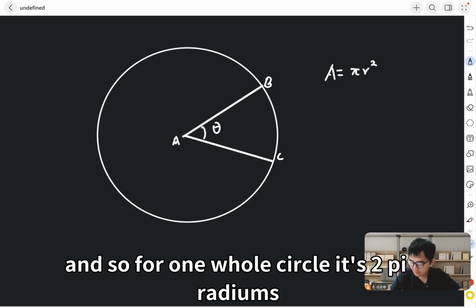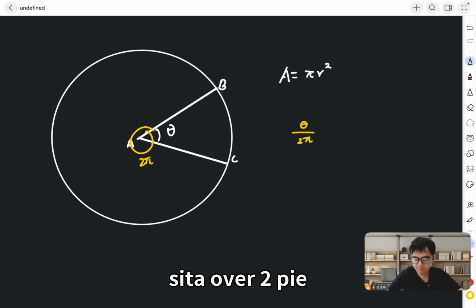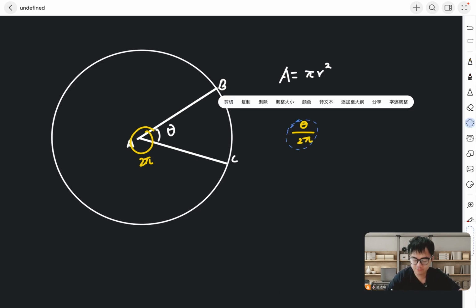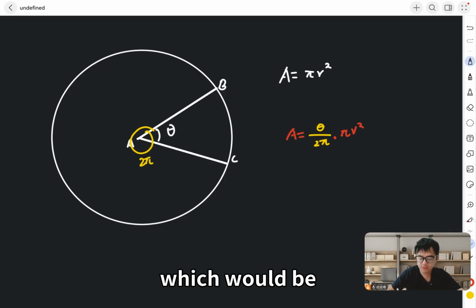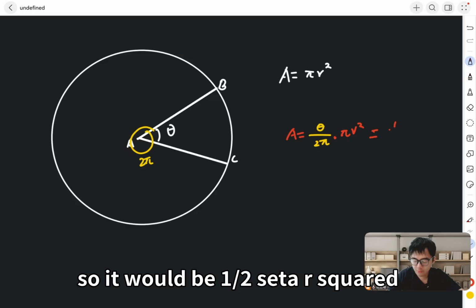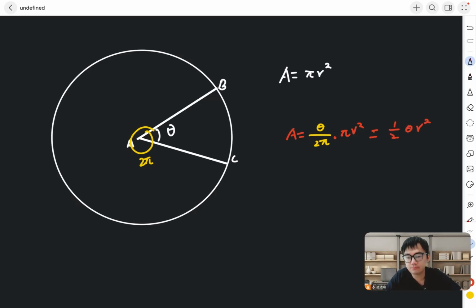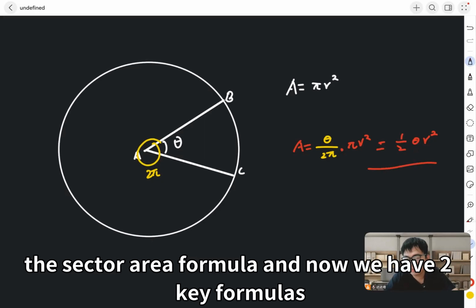For one whole circle, it's 2 pi radians, so the proportional constant would be theta over 2 pi, times the area of the circle, pi r squared. That gives the sector area formula: 1/2 theta r squared.